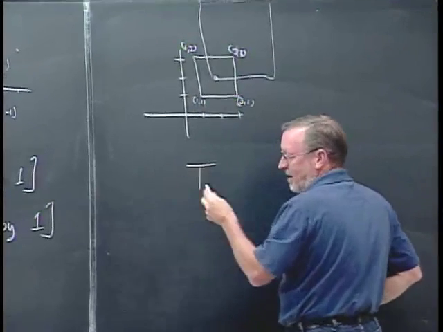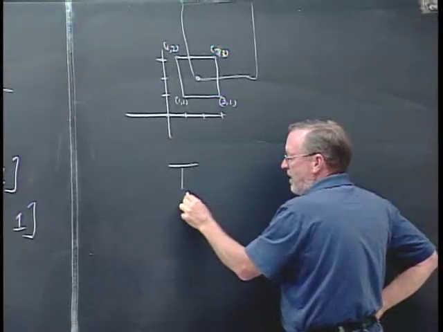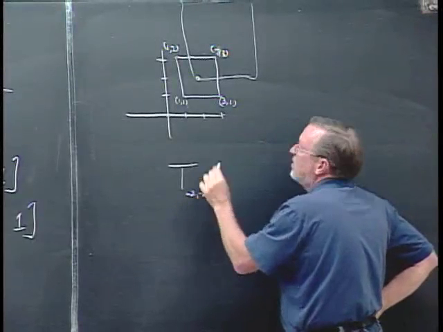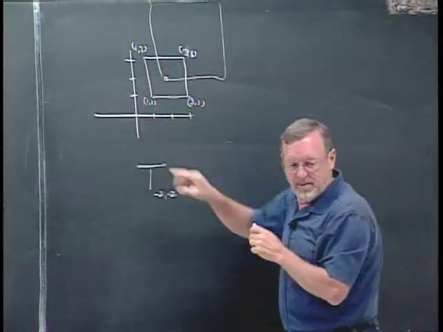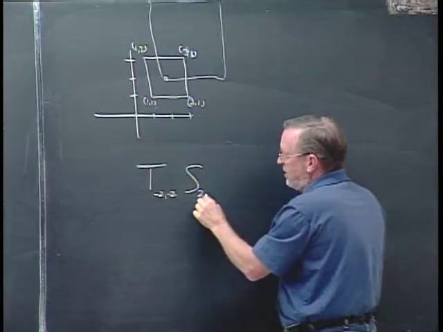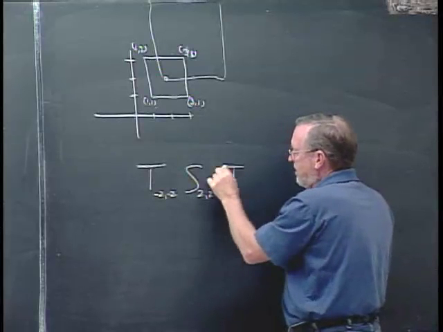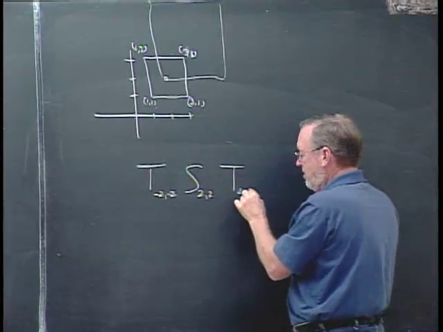I'm not going to write the matrix now. Translate by first minus 2, minus 2, which would move the figure down to the origin. Then scale it by 2, 2. And then translate it back by 2, 2.